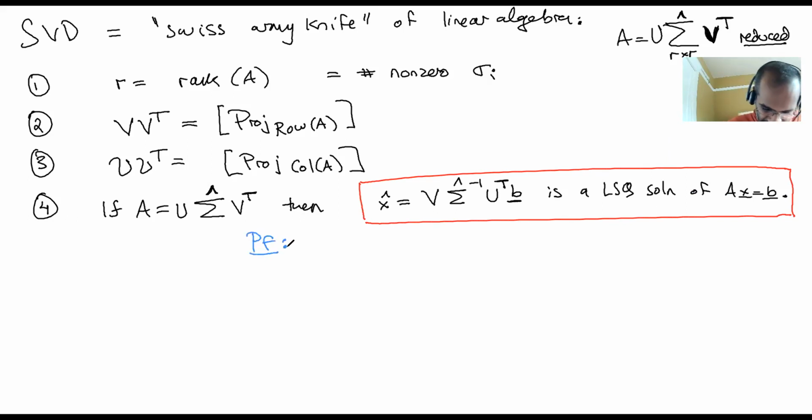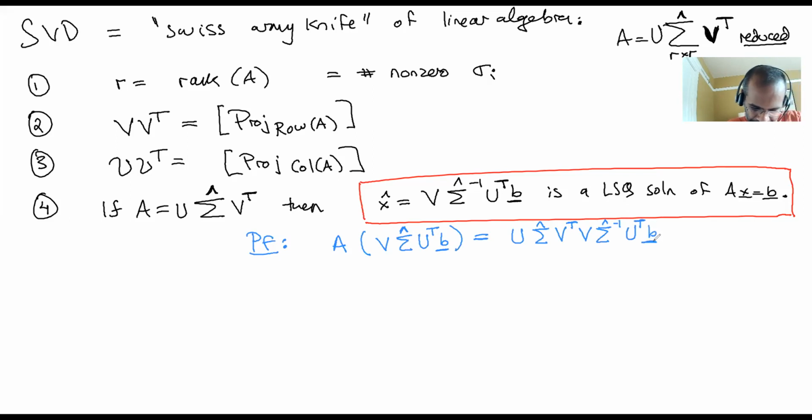Well, let's just check. What is A times this thing I've stated? A times V sigma hat inverse U transpose B. Well, that's U sigma hat V transpose V sigma hat inverse U transpose B. By the way, this is A X hat.